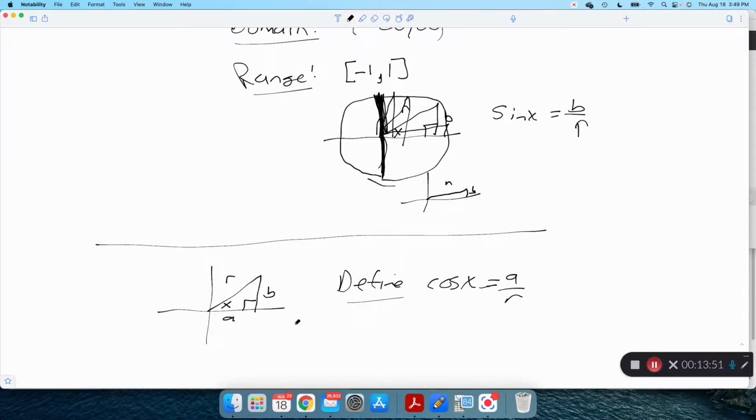Cosine goes with the, I'm going to put in quote here, the x value. Remember, we're not calling this x. X is the angle. So cosine goes with the horizontal. Sine goes with the vertical.